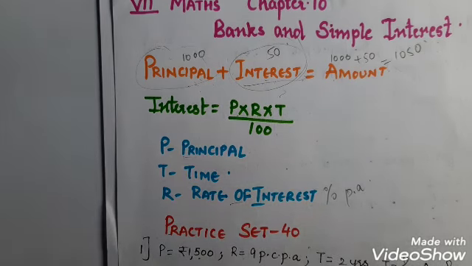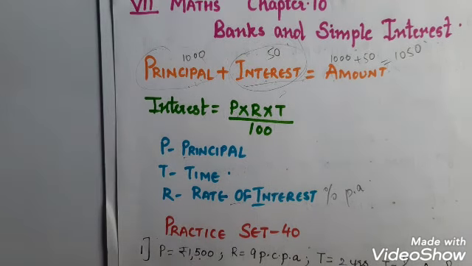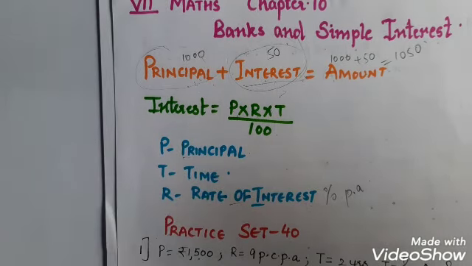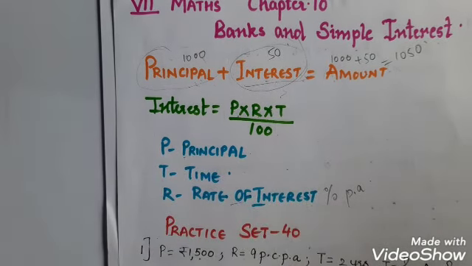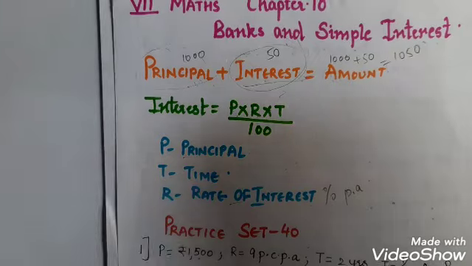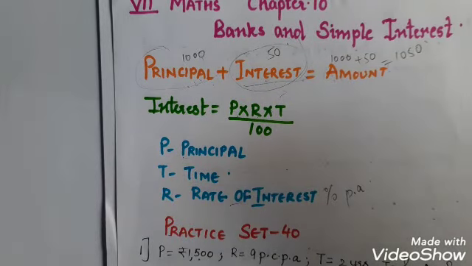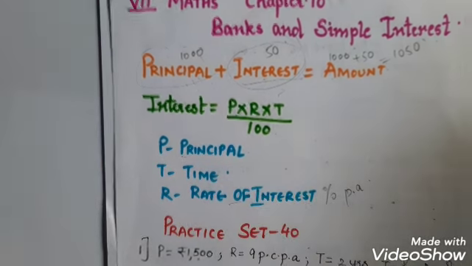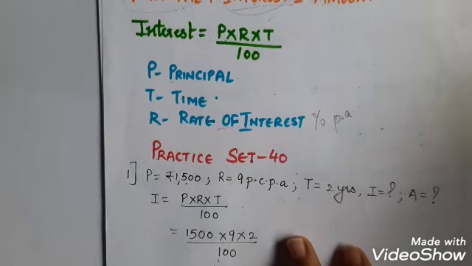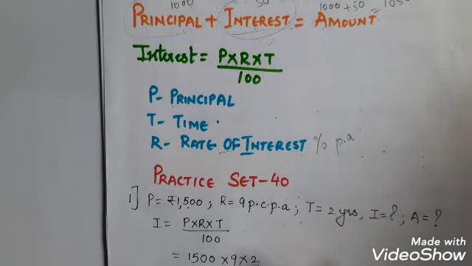Now let us open your exercise to page 73, practice set 40. Let's see the question. If Rihanna deposits 1500 rupees in a school, she deposits a certain amount.